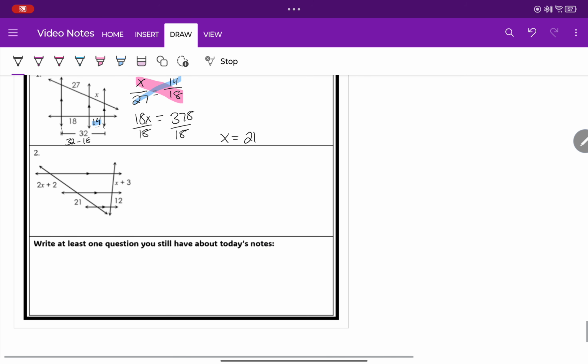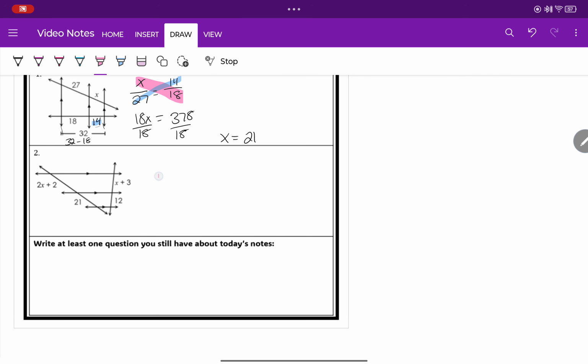All right. Number two. I have two x values on both sides of my proportions, which means at some point, I'm going to have to get x to one side of my equation.